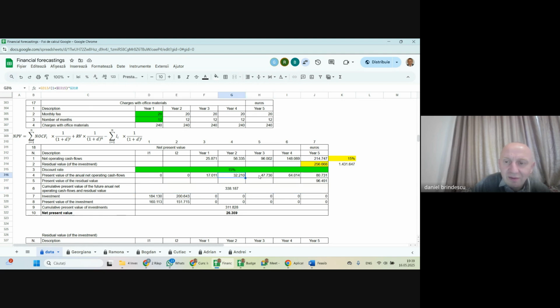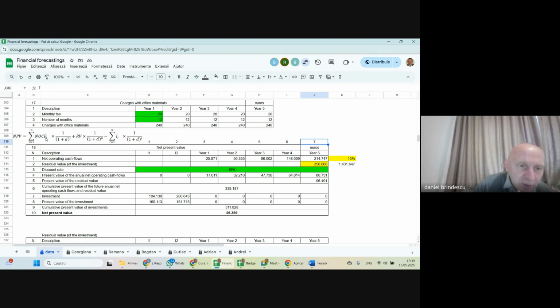This is the present value of the future cash flows, the sum. So you have the sum for i from 1 to n, where i is the number of the year, n is the total number of years of the explicit forecasting period. In our case, from 1 to 7.